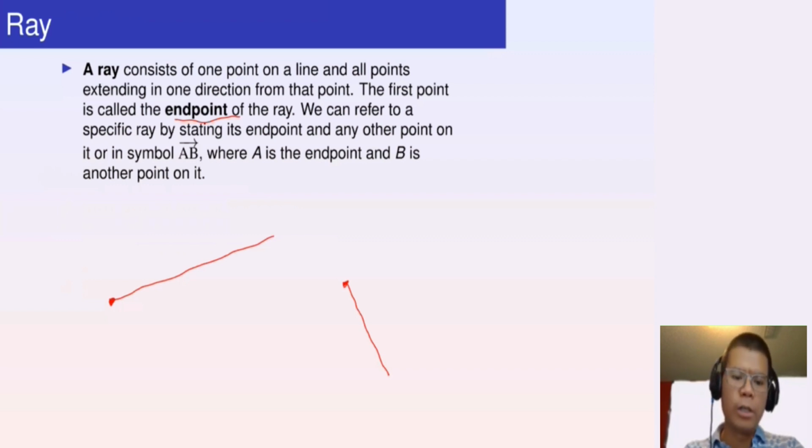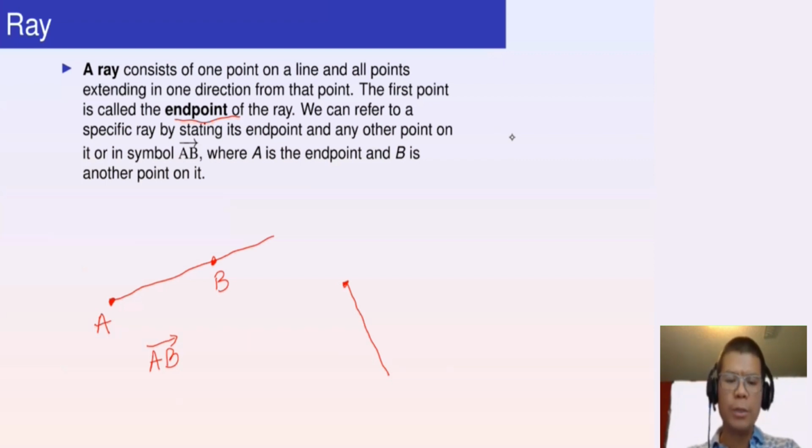Say, for instance, this endpoint is A, and I have another point on the ray, B. Then we will say this ray is denoted as AB, with an arrow on top of them.